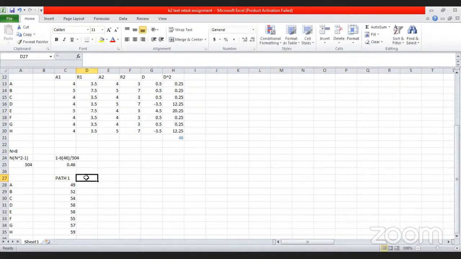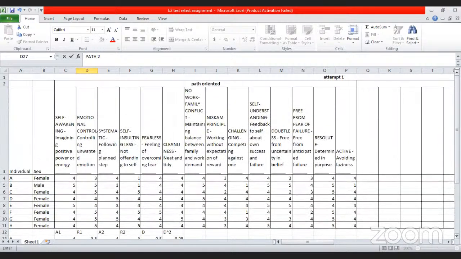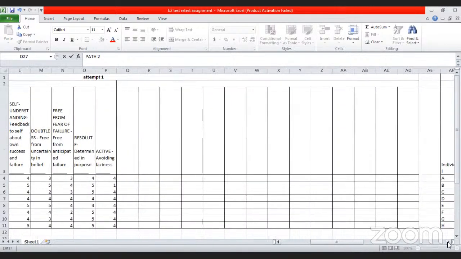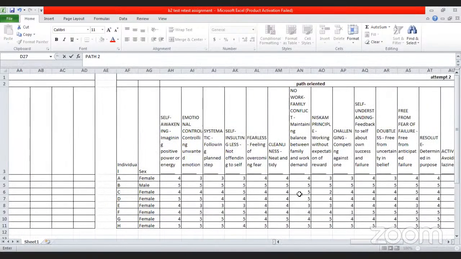Now I will write down Path 2. So I have to calculate the sum for the second attempt, for all the path values of each individual.